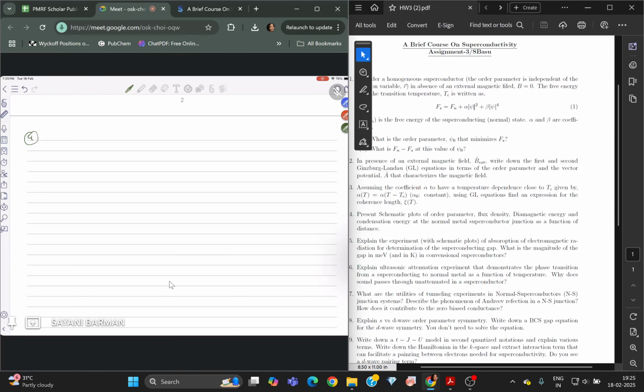Flux density means penetration of the magnetic field. Diamagnetic energy is related to expulsion of the magnetic field, as a superconductor is a perfect diamagnet, showing total expulsion. And condensation energy is the energy difference between the normal and the superconducting state. So we have to draw the structure.